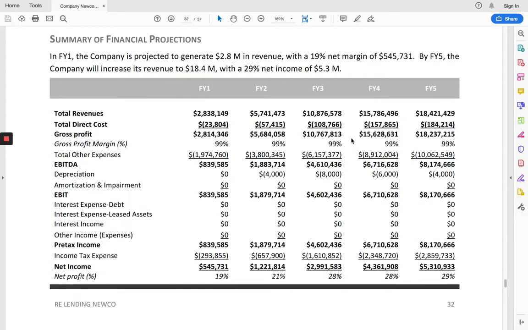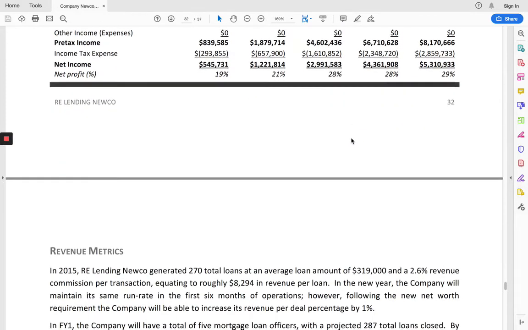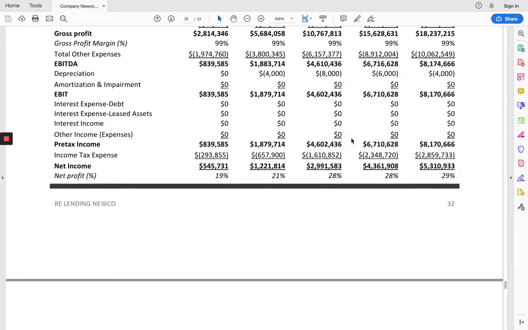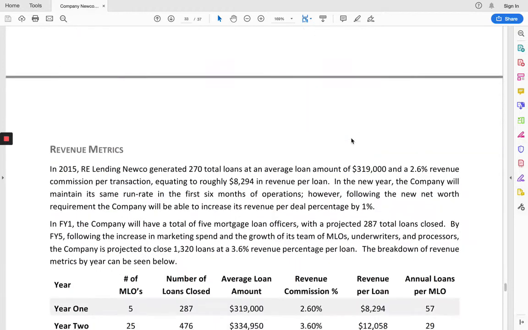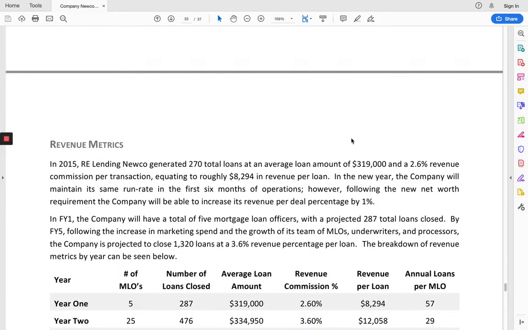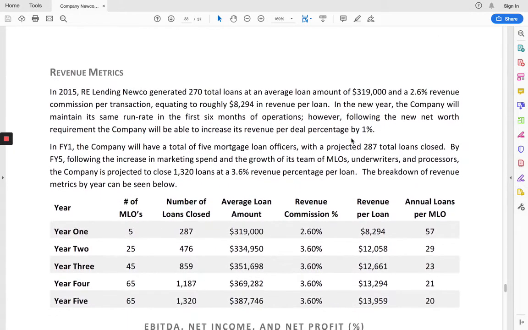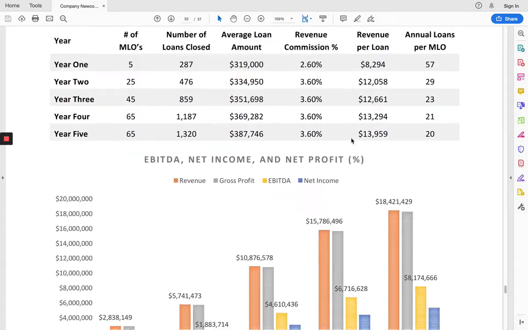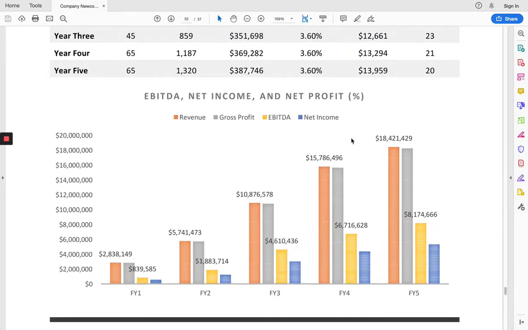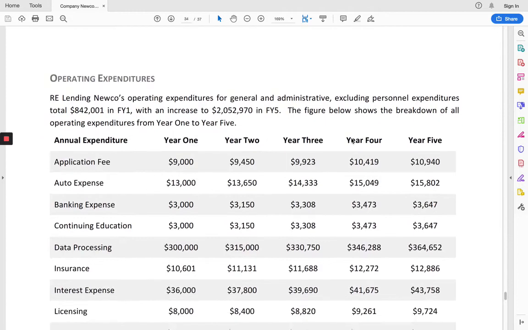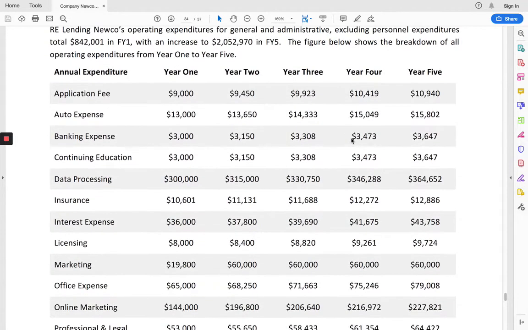So it's a sheet that not only can be used for real-time calculations, but also for the ongoing planning of your business. Once we're able to introduce the numbers, we really want to tell the investor and the bank how we got the numbers. So revenue metrics, how those numbers were calculated, graphs that show the revenue growth over time, and all of the operational expenditures on a 5-year period.